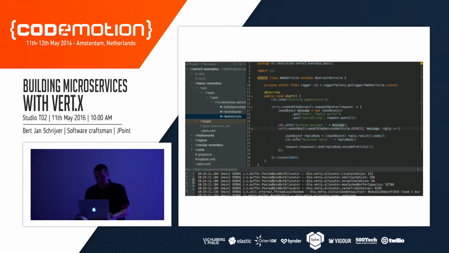When a reply comes back, read the body from the reply, log it, and then send it back to the response. So web request comes in, message gets created, sent to the echo service which inserts something into it, and sent back to the response. Let's see what this does.